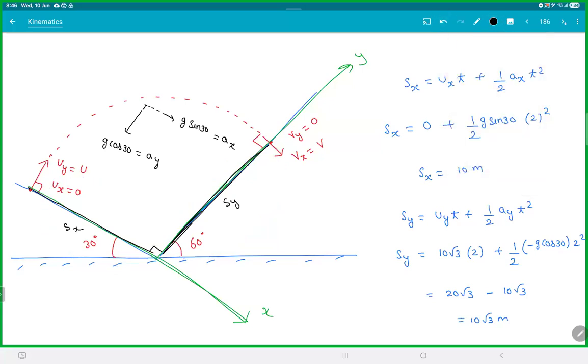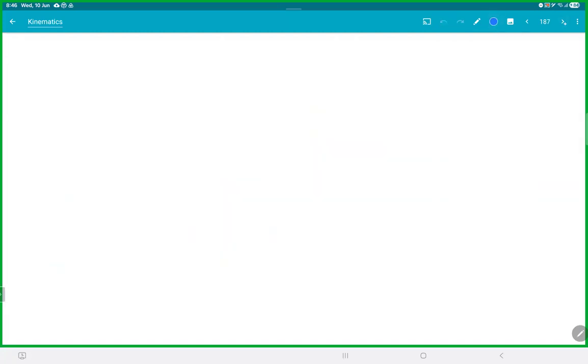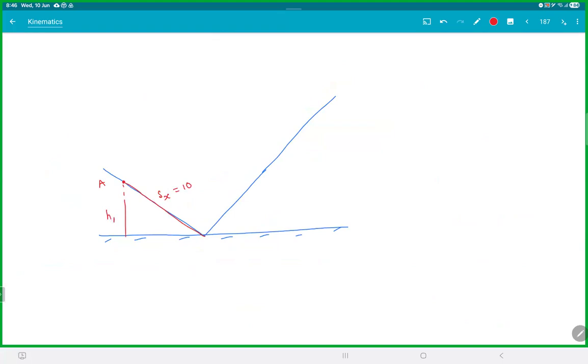But once you got this, now look at that incline. This was point A. This was Sx, which was 10. You are asking for this height, HA, and this angle is 30 degrees.